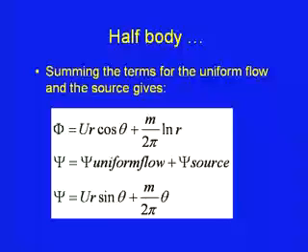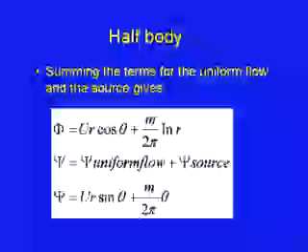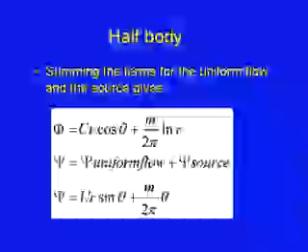The u r cos theta is the term coming from the uniform flow, and m by 2 pi natural log r is coming from the source which we consider. For the stream function of the half body, psi is equal to psi uniform flow plus psi source. Psi uniform flow is u r sin theta. So total psi is equal to u r sin theta plus m by 2 pi theta, where m by 2 pi theta is the stream function for the source.